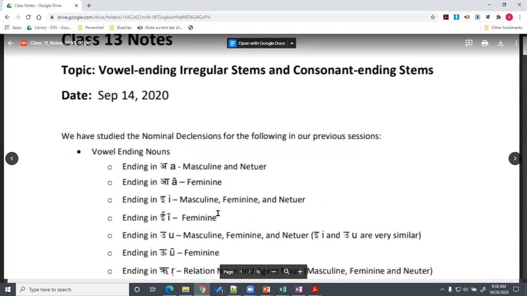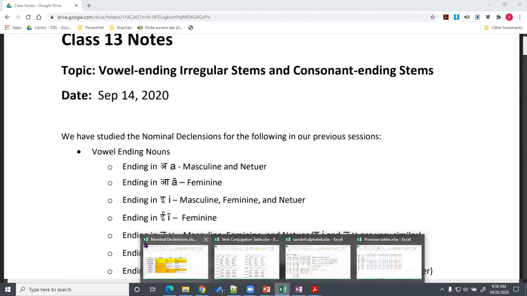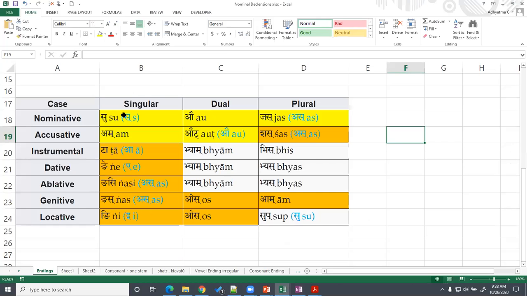So in class 13, we covered just a few nominal stems. There are not many new concepts here, except in consonant-ending stems. If you have this table, that is pretty helpful. It is pretty directly applied in the consonant forms.